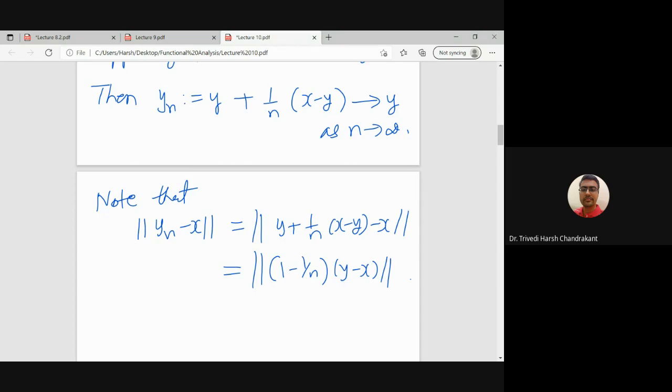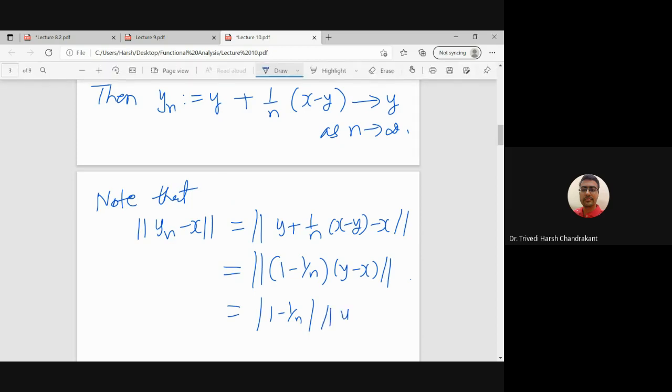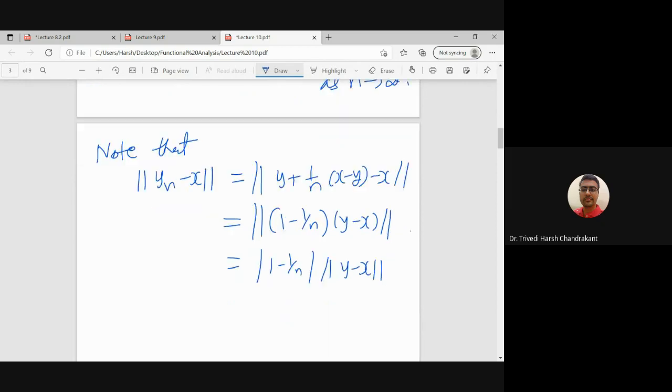By taking y and x terms separately, we can verify that these two are equal, and then this is nothing but modulus of (1 minus 1 by n) times norm of y minus x, and norm of y minus x is r.